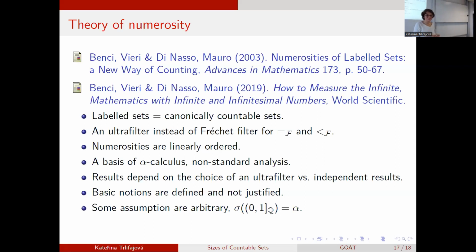Of course, with power sets of infinite sets, it wouldn't work because they are not countable. And moreover, it also cannot express ordinal numbers, because the existence of ordinal numbers is strongly dependent on Cantor's principle.